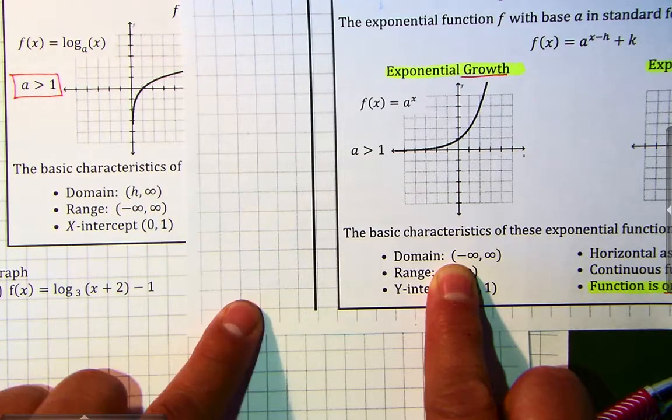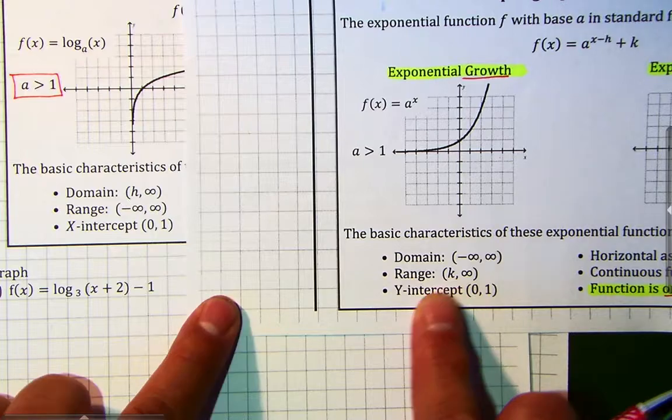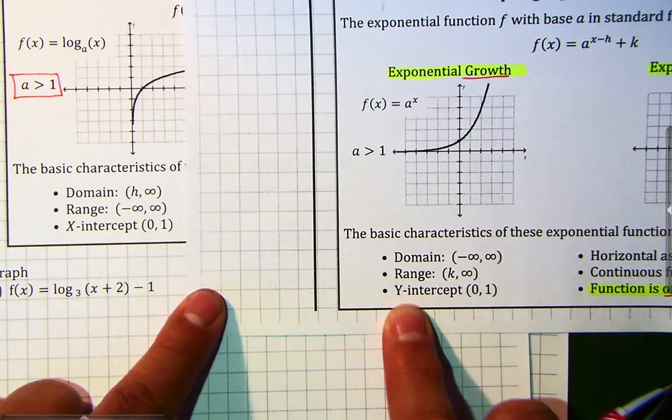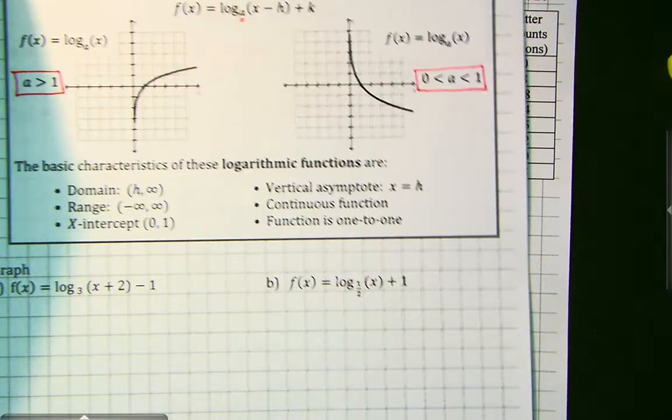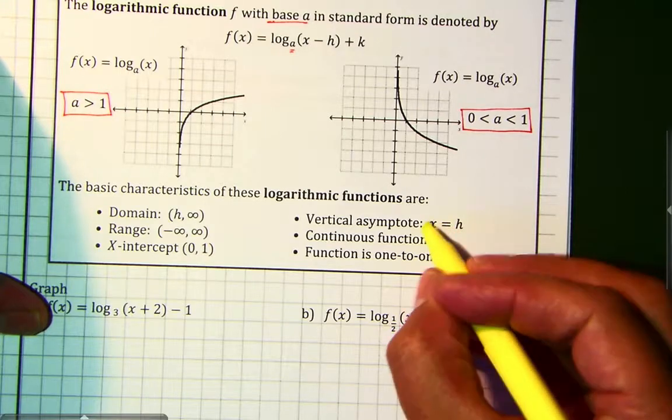And for this one, what was your range is now your domain. Notice that your y-intercept is now your x-intercept. Your vertical asymptote now is going to be x equals h.